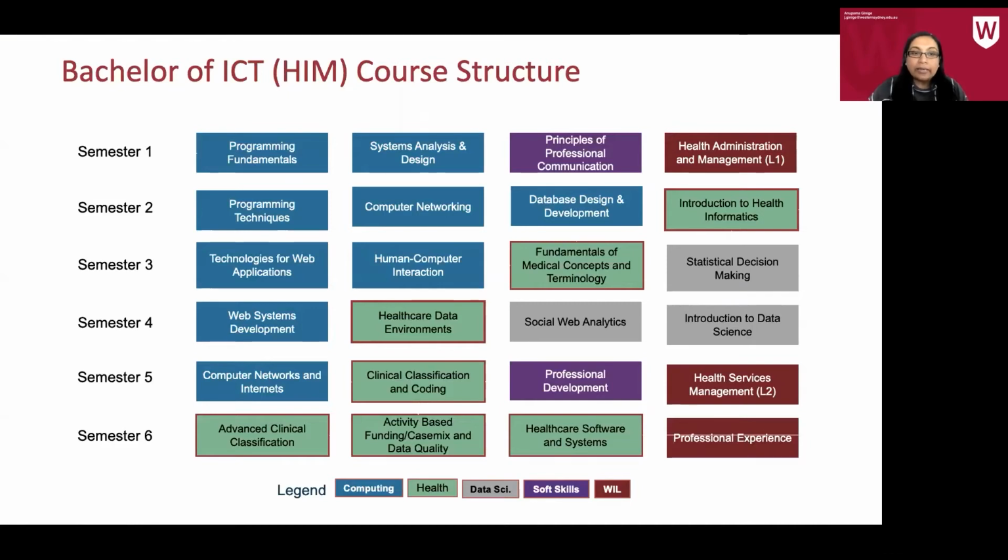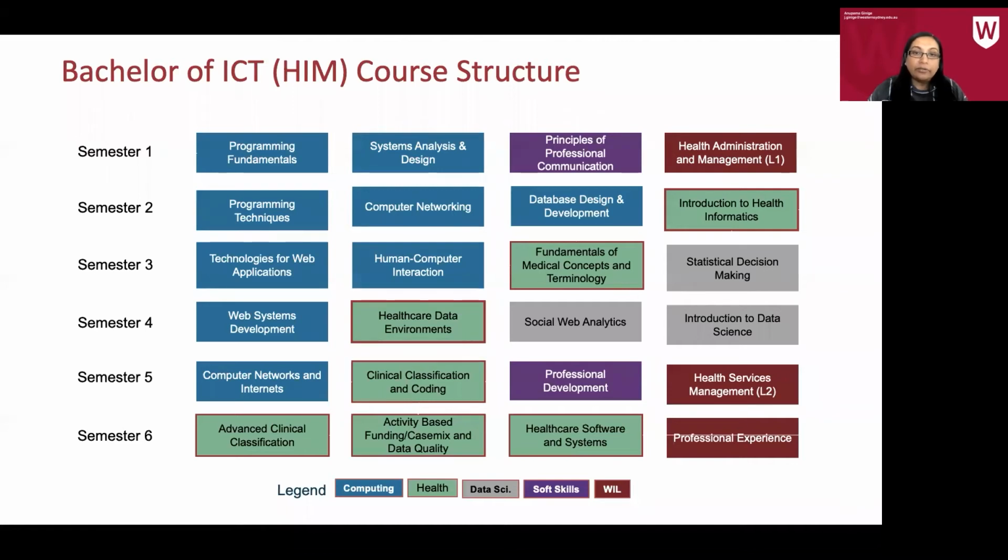In this diagram, it talks about 6 semesters. So you would cover 2 semesters in 1 year. Therefore, over the 3-year period, you will have 6 semesters. Now, these blue boxes indicate the computing units or the ICT units.